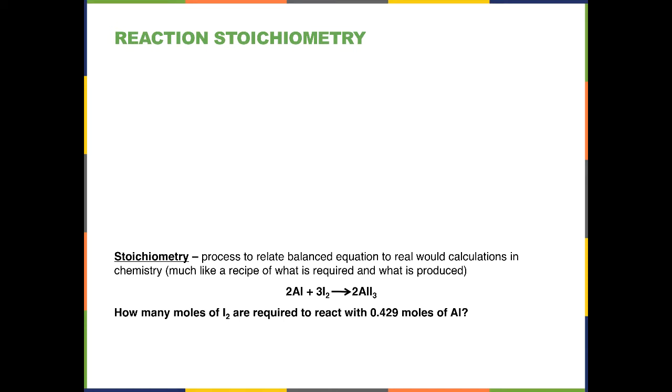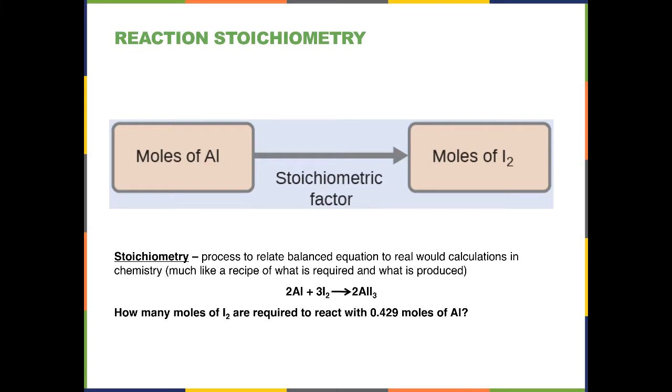How many moles of iodine are required to react with 0.429 moles of aluminum? The moles of iodine are related to the moles of aluminum by what's known as the stoichiometric factor. And the stoichiometric factor is the ratio between those 2 coefficients, 3 and 2. So for every mole of aluminum, you need 1.5 moles of iodine.